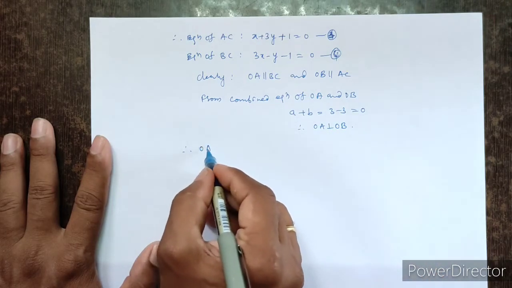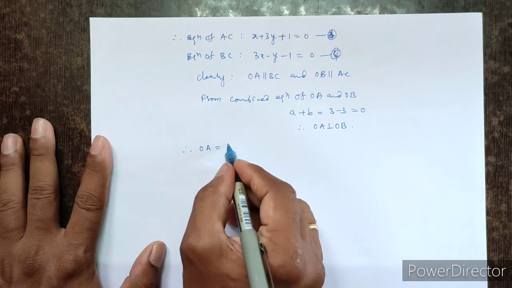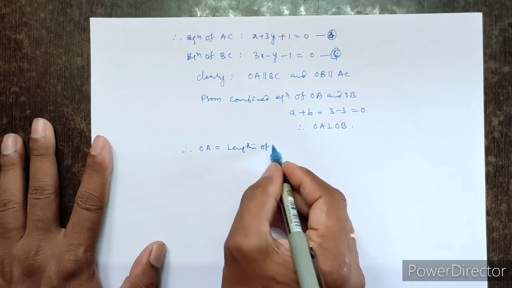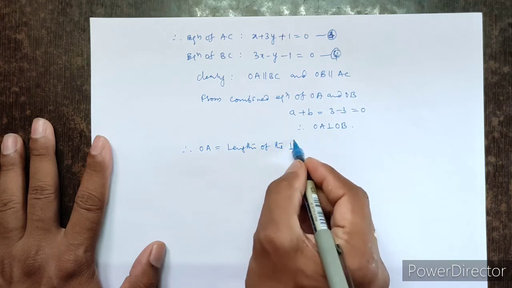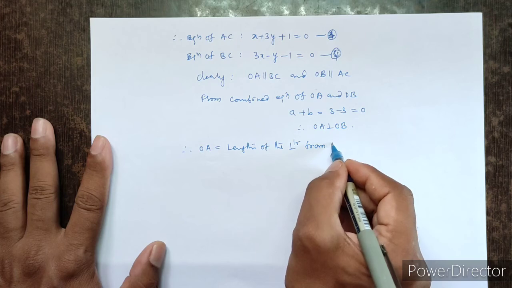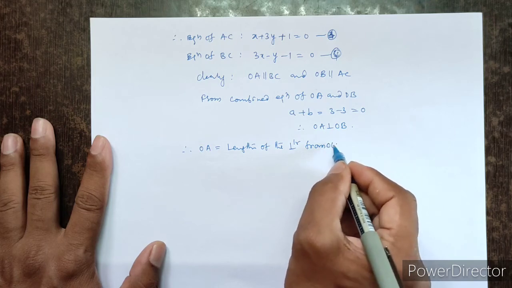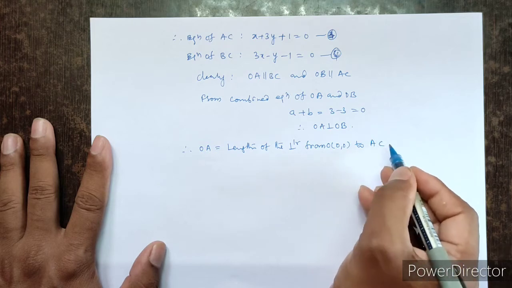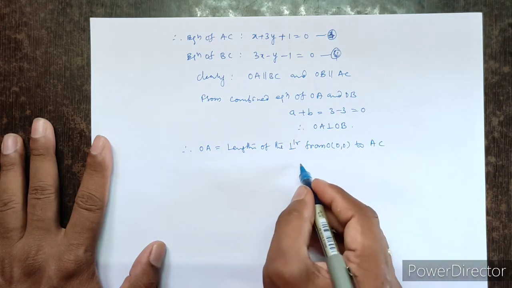Now OA is the length of the perpendicular from origin to AC.